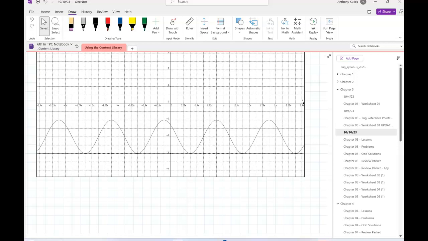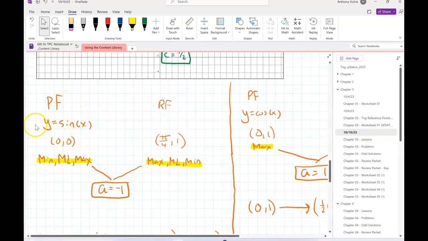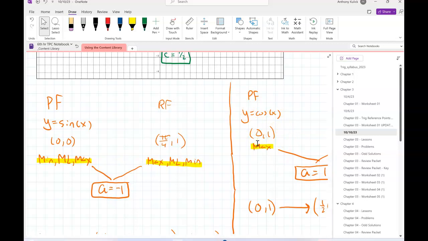And I guess I should say, every time I've used sine, I've used this point from the parent function, 0, 0. And every time for cosine, I've used this point from the parent function, 0, 1. There's nothing magic about why I've chosen these particular points. I've chosen them because it makes the problem easier. Because the x-coordinate is 0, it makes finding the h much easier than if the x-coordinate was like pi over 2 or something.